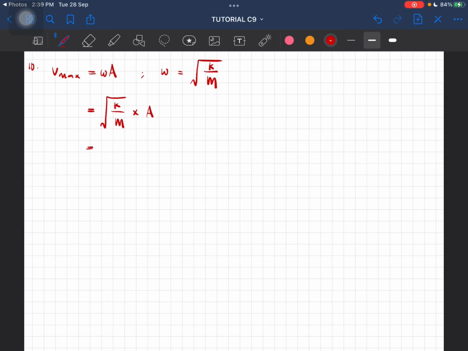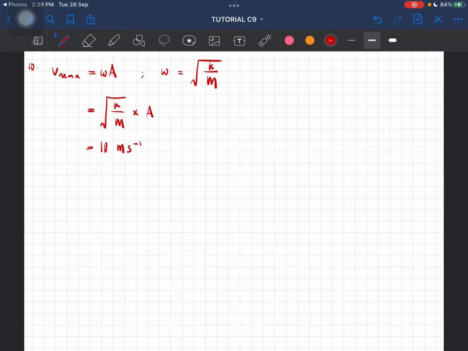So this one is 10 meters per second. This is the maximum velocity as it passes through the equilibrium point, before it collides with the 6 kg object.